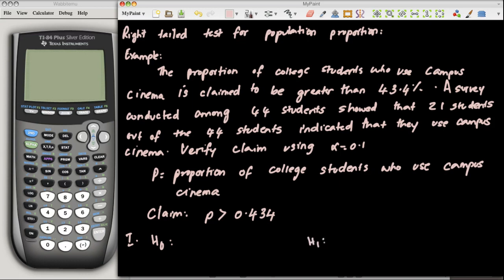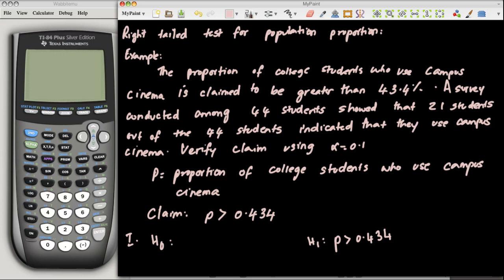The alternative is the claim here because it does not have an equal to sign, and a statement that doesn't have an equal to sign must be in the alternative. If it had an equal to sign, it would be in the null.